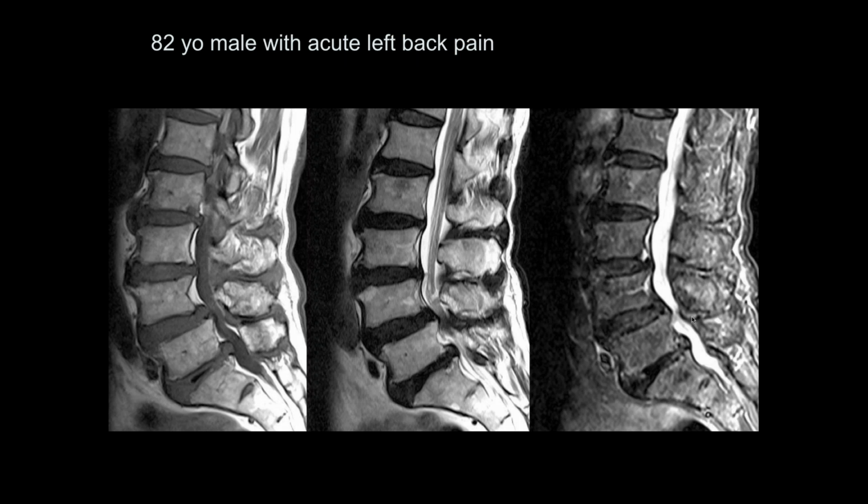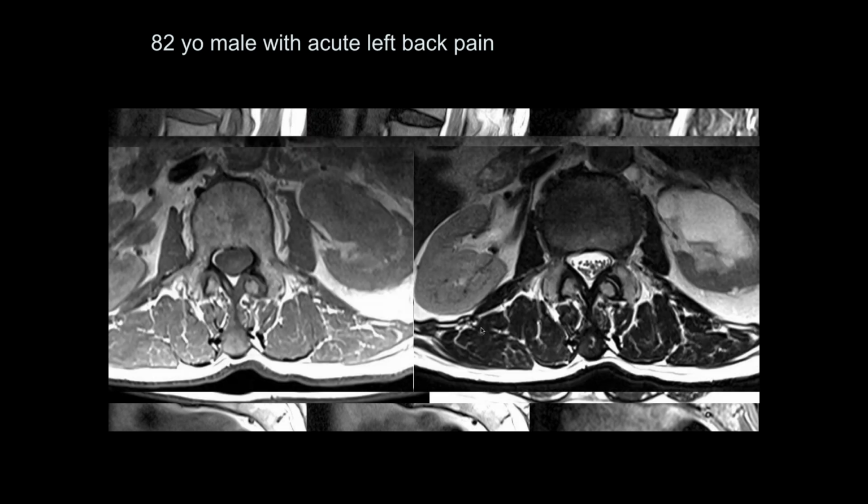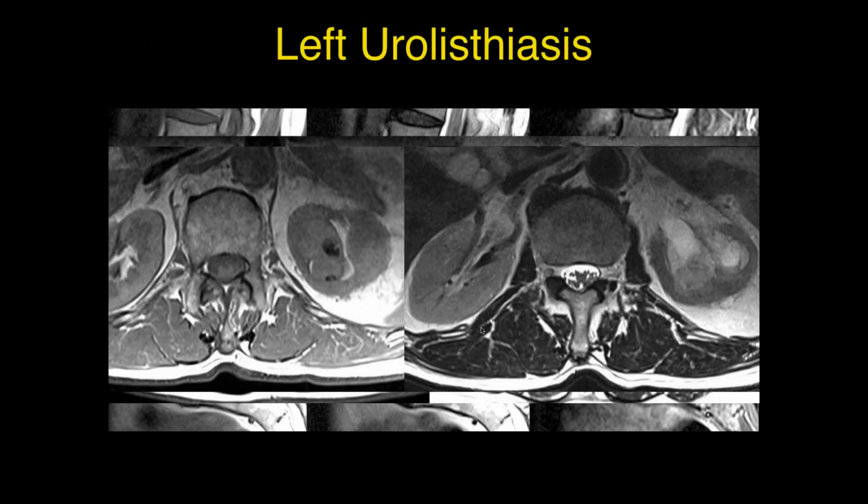I mean, this is not a single disc disease. This is multiple. Right. You've got a lot of spine disease here, but the patient's symptoms are actually due to the kidney stones and the hydronephrosis, hydroureter, due to stones. Here, the stones in the left renal pelvis, and there was another stone in the distal ureter, which was probably.